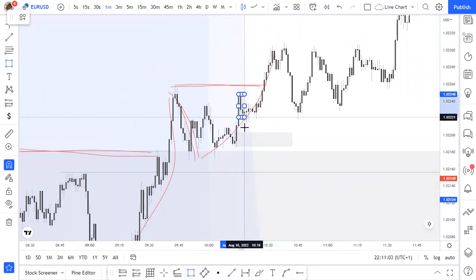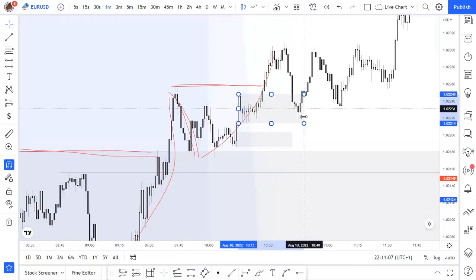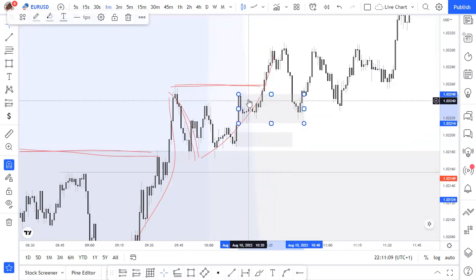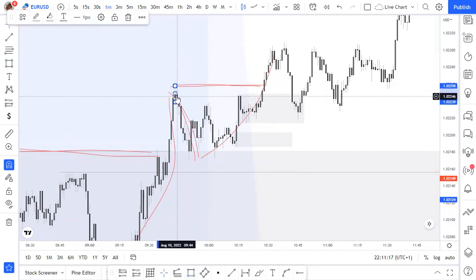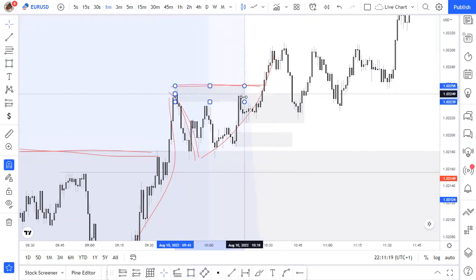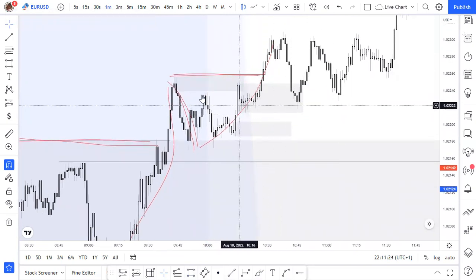The only reason why I didn't want to use this as my buy area was because price is reacting off of this particular engulfed candle here, and this engulfed candle didn't really do anything significant. In my opinion, price didn't really do anything.